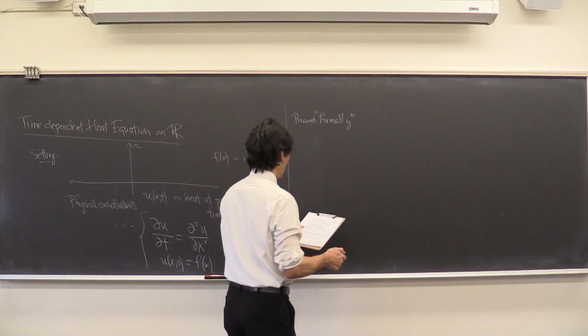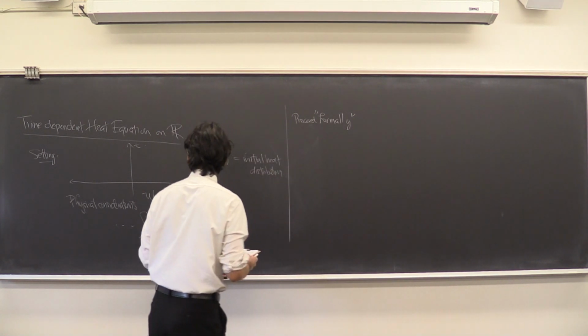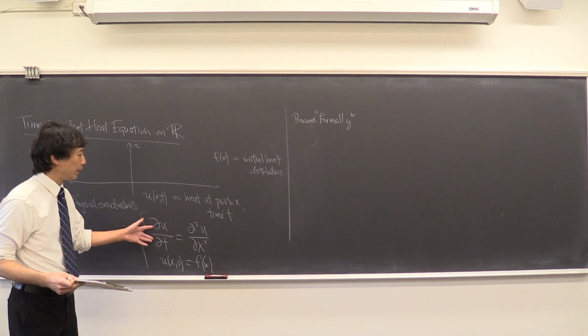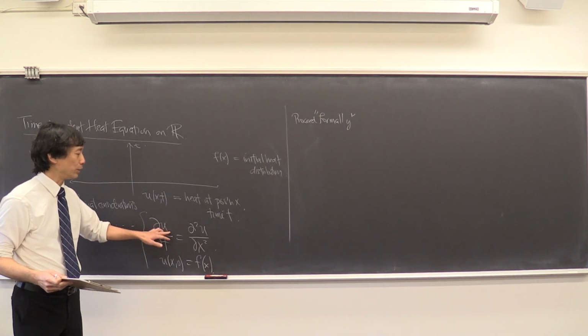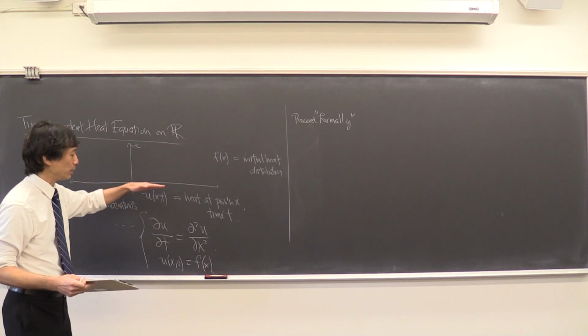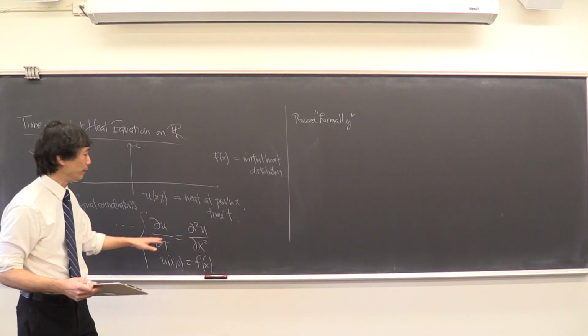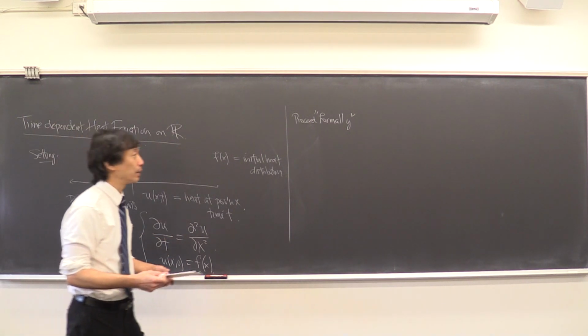So in particular, we're assuming that u is in the Schwartz-class in x, so that we can take the Fourier transform in the first variable.